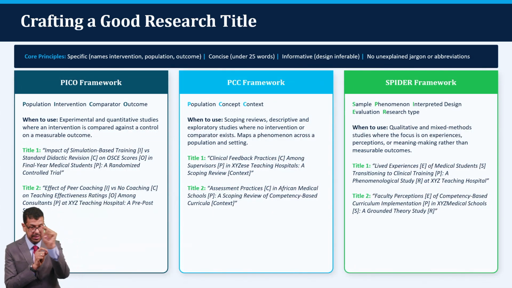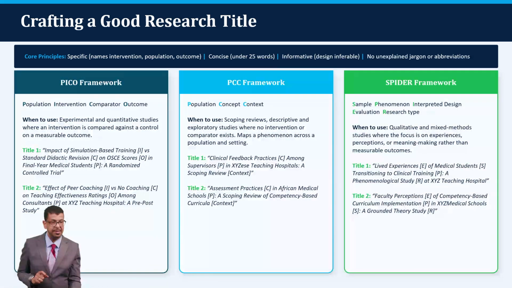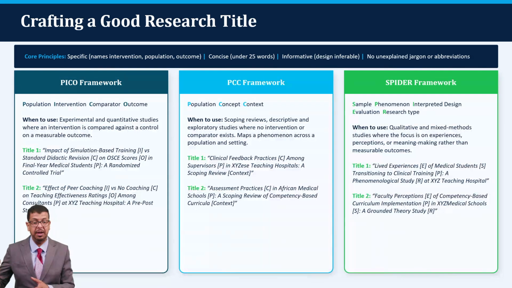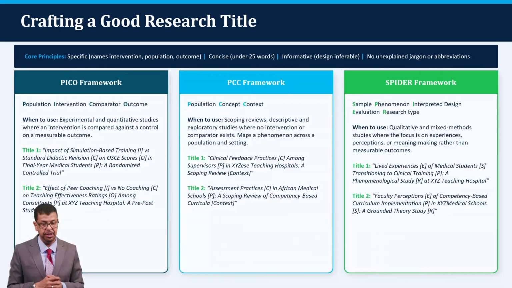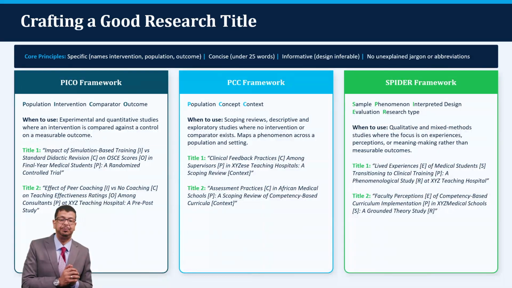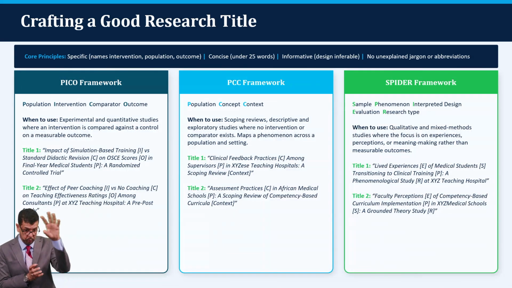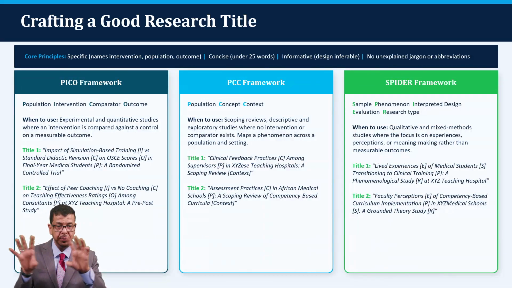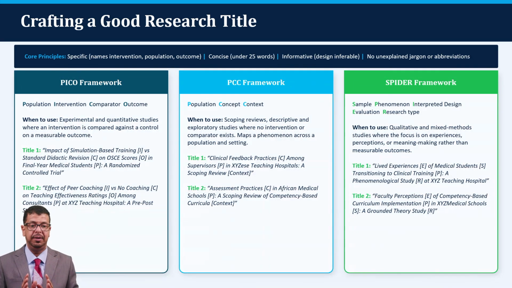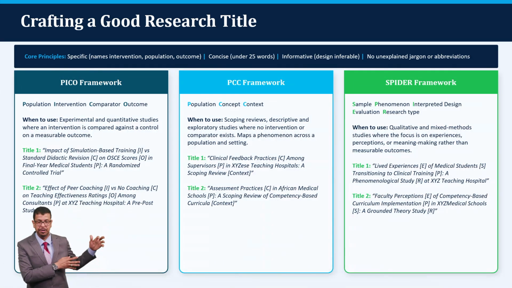In order to achieve this, being specific, concise, informative, with no jargon, it is better to think about a framework for writing your research proposal title. It is very helpful to think about this framework, which we will revisit when we talk about the research question. It is also a framework for the research question.